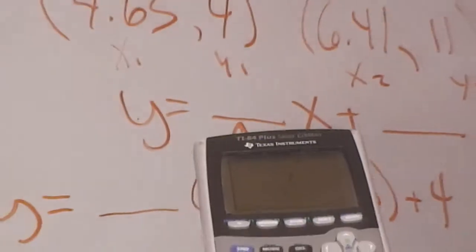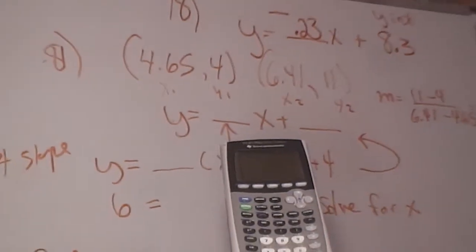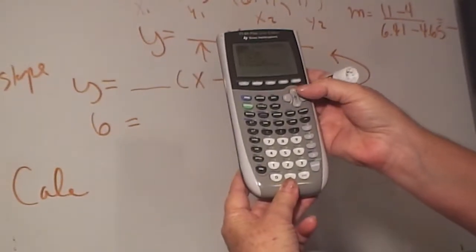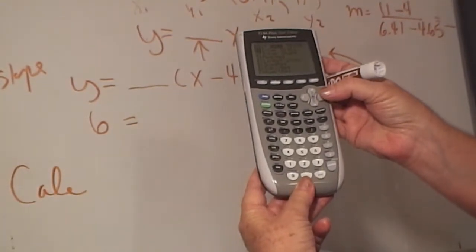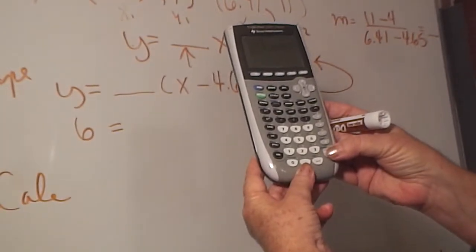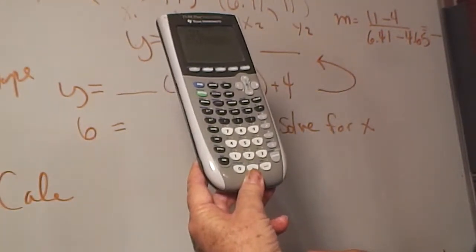Now, if I drew a line through those points, I could get a linear regression by hand, which we already have done. But I would like the calculator to use all of the points and use the regression formula. So I'm going to hit Stat, over to Calc, linear regression number 4, enter, enter. And there is my linear regression.